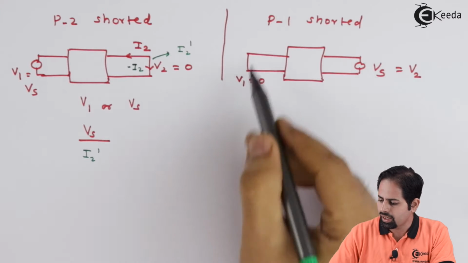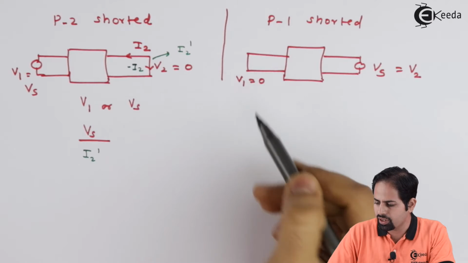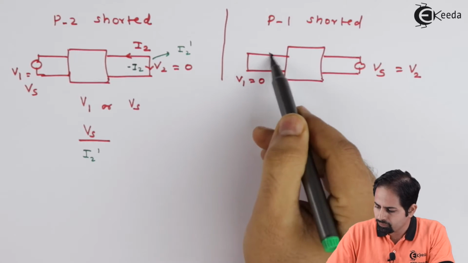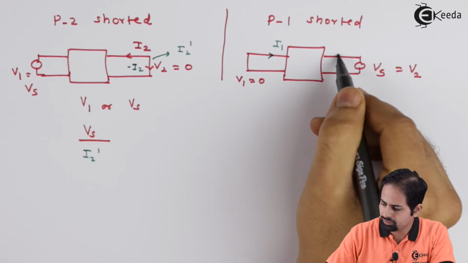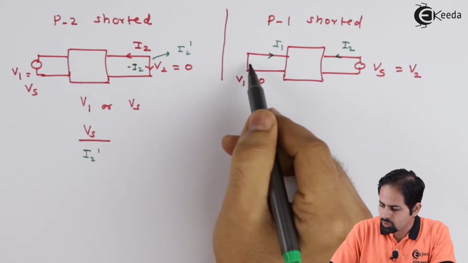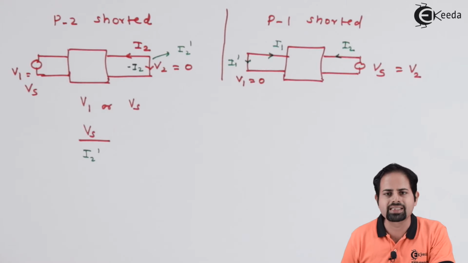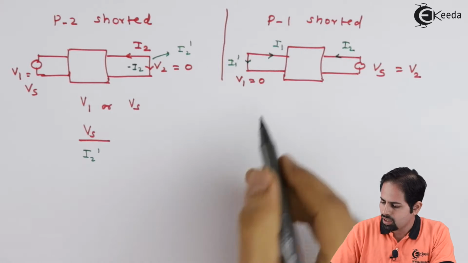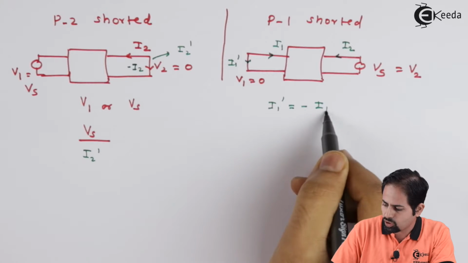Similarly, in this case, when port 1 is shorted, this voltage V1 is 0. This current is always I1. This is I2. So this current I am going to call as I1 dash, and which is exactly minus of I1. So in this case, I1 dash is equal to minus of I1.